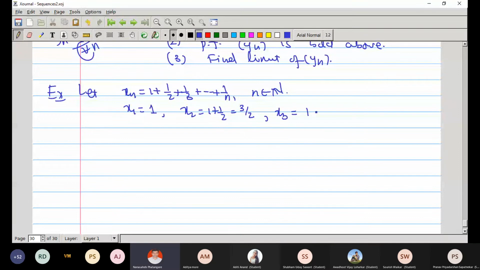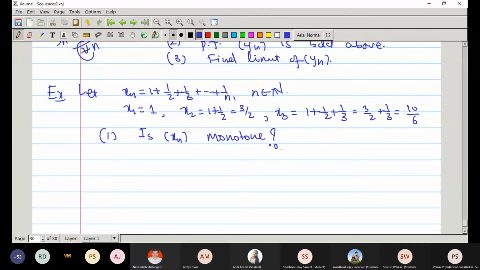What is x3? 1 plus 1 by 2 plus 1 by 3, which is 3 by 2 plus 1 by 3, which is 11 by 6. Right? These are the terms. Now, is the sequence xn monotone? Is it a monotonic sequence? Yes, sir.